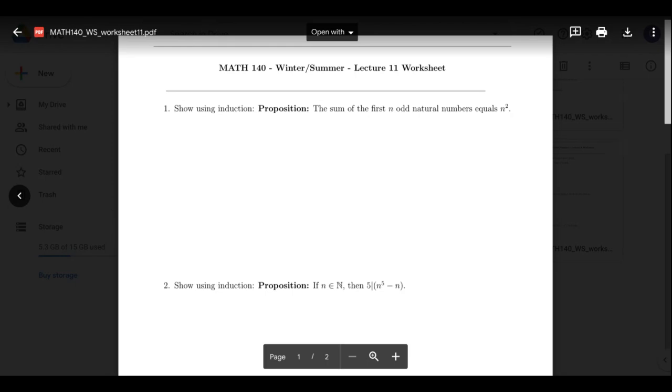Okay, Xiaomin looks good. The order matters. P of 1 always goes first, then k plus 1. So base case, assume k case, prove k plus 1 case.